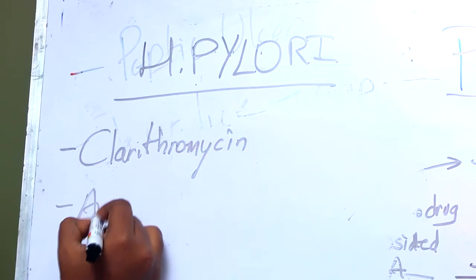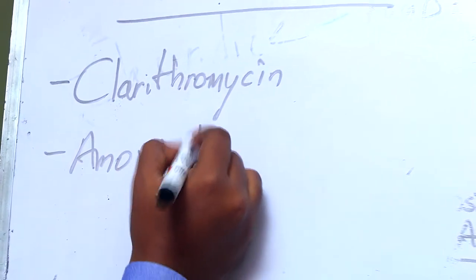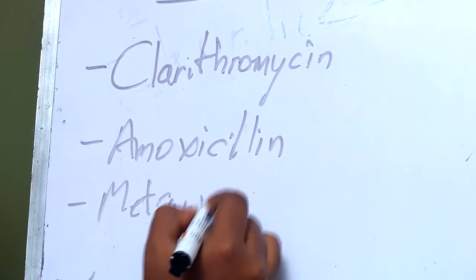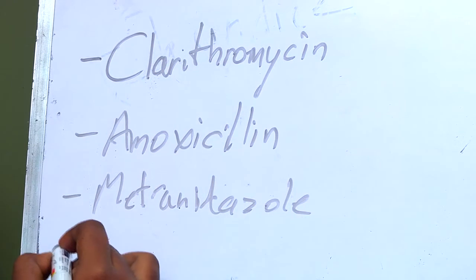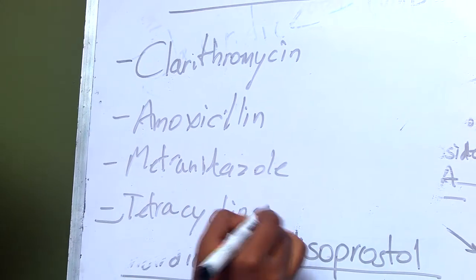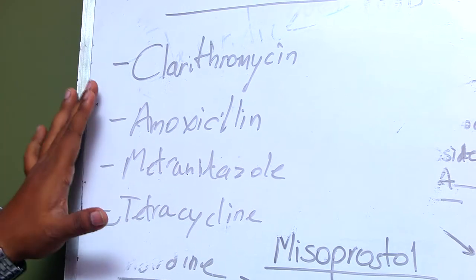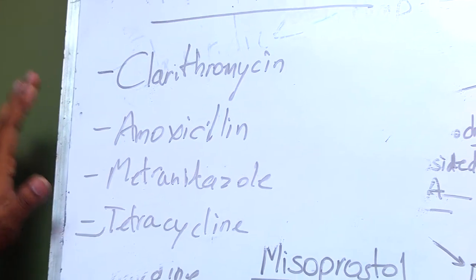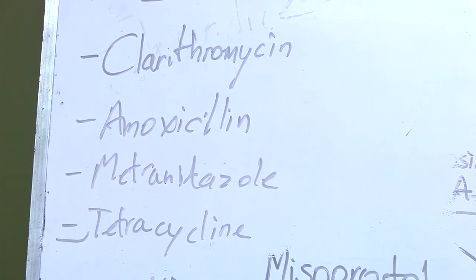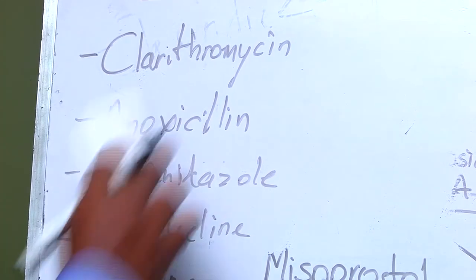You can use amoxicillin. You can use metronidazole. And we can use tetracycline. So can we use these drugs randomly? No, we can't. Hence we came up with regimens in which these drugs are given so that we can treat Helicobacter pylori in a much better manner.